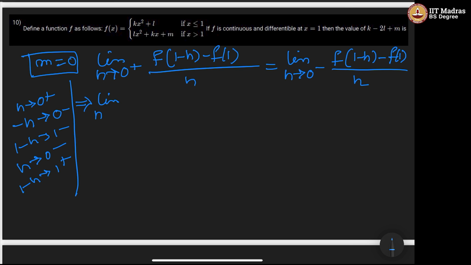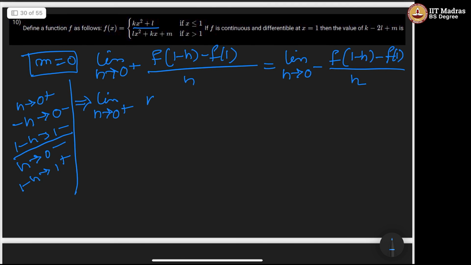So we will then get the limit h to 0 plus, because this is tending to 1 minus, so we will take this definition. So this will be k into (1 minus h) square plus l minus k minus l, by h.